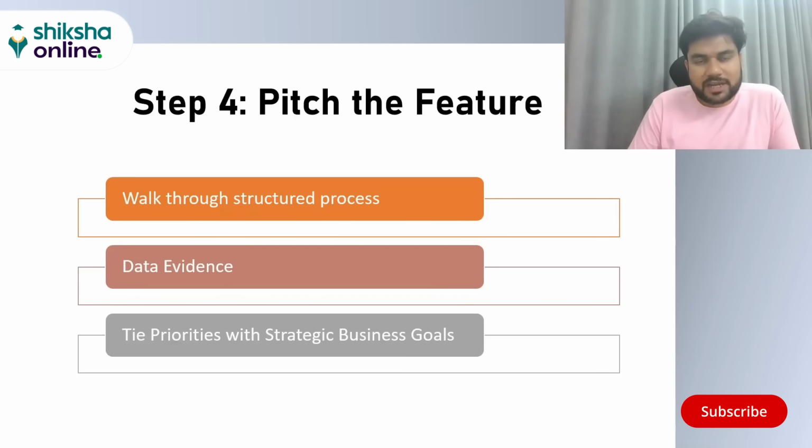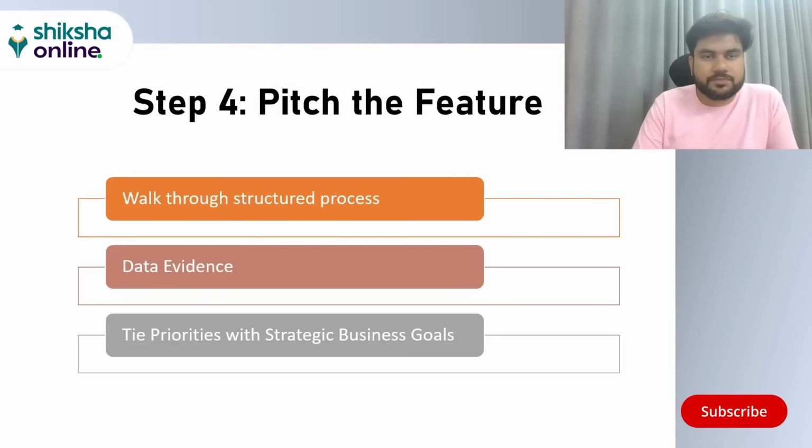So you give a very organized picture to the team, and then also to support the statement we give the data that we have analyzed through the funnel analysis and different methods as well, and then the priorities are put as the strategic business goals, which are then taken up by the team.